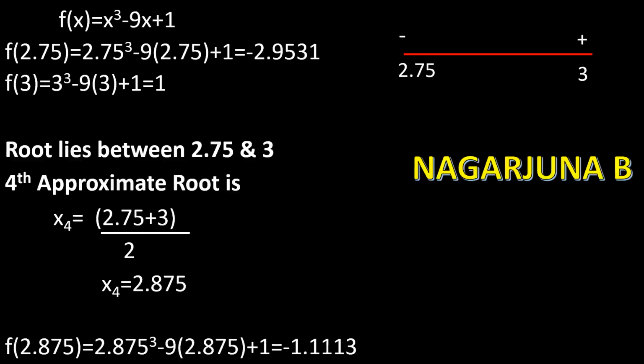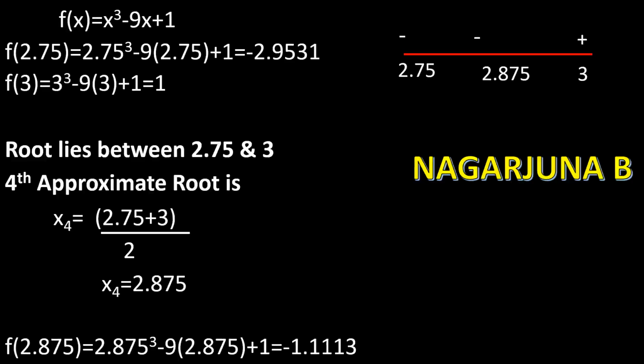So now we have found a new root, that is 2.875, which was between 2.75 and 3. Means the root was between 2.75 and 3, and that new root is 2.875, and when you have substituted this in the equation, you have got a negative value as minus 1.313.